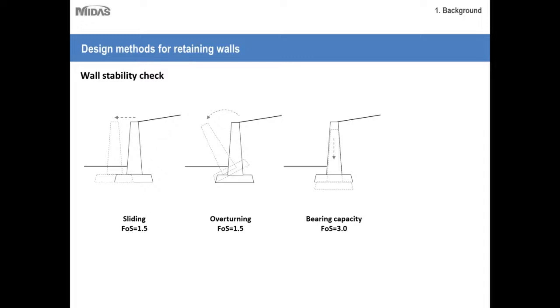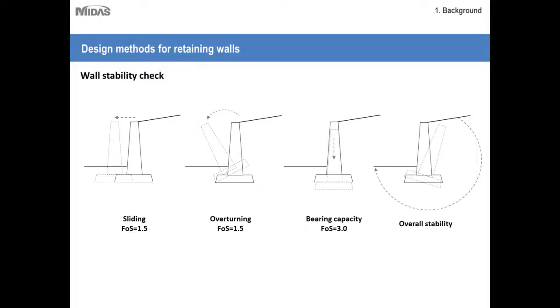But again, there are empirical formulas to deal with these situations, and if your bearing capacity factor of safety is not greater than 3, then you need to take some settlement controls. But most of the time with your empirical formulas you can assess these 3 checks.